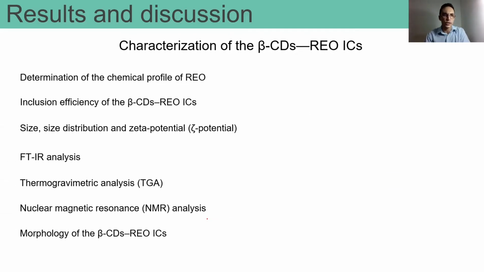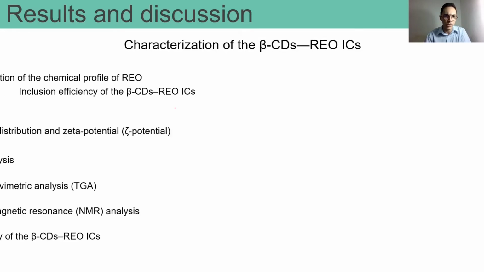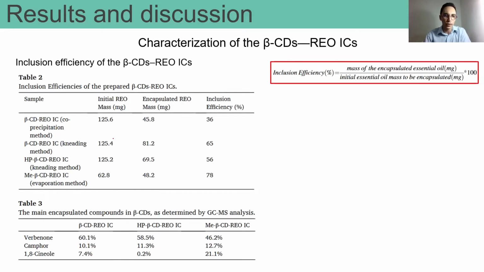Now the next result, the second, is the inclusion efficiency of beta-cyclodextrin and rosemary essential oil inclusion complex. The question is how most compounds were encapsulated in beta-cyclodextrin. To answer the last question that I asked, we need to see Table 3.